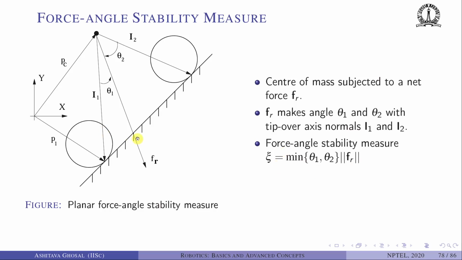Basically what it boils down to is that these angles θ1 and θ2 should not be such that Fr is outside these I1 and I2, roughly speaking. We have this reference coordinate system xy, and we can locate the point of contact, which is P1 in this case, and we can also locate the center of the platform, which is PC.